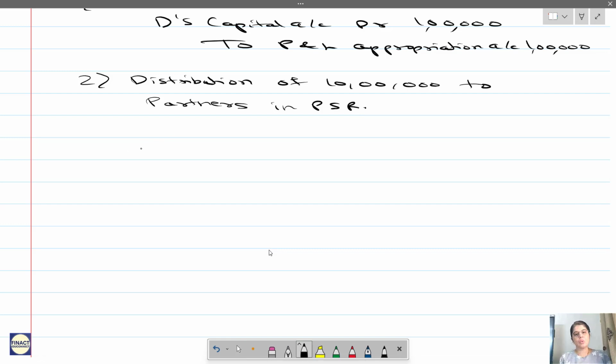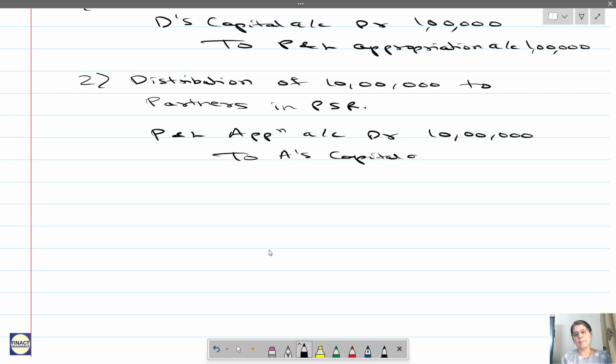Correct. So once that is distributed, so let me just write only. So P&L appropriation account debit 10 lakhs to A's capital. It was 4:3:2:1, right?